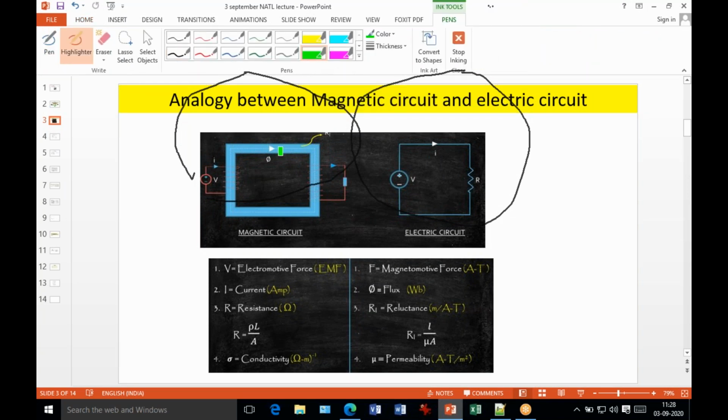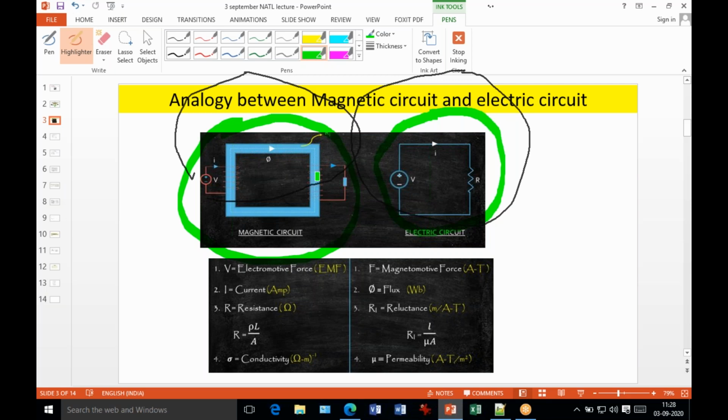So here, this is one circuit. This is a magnetic circuit, and on the right side, this is an electrical network. Now I have to maintain some similarity between the electrical network and the magnetic network.